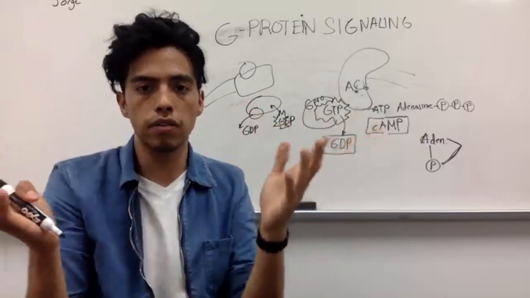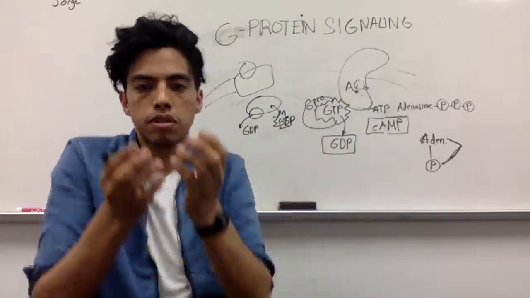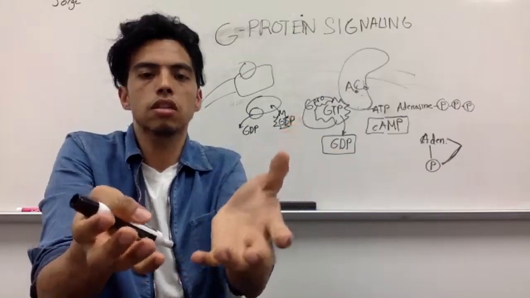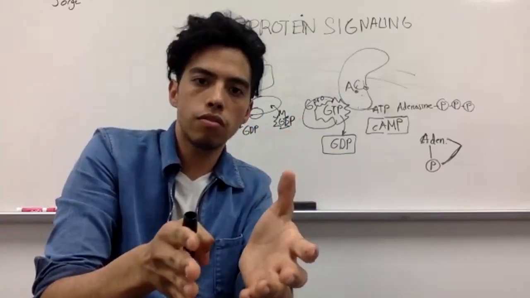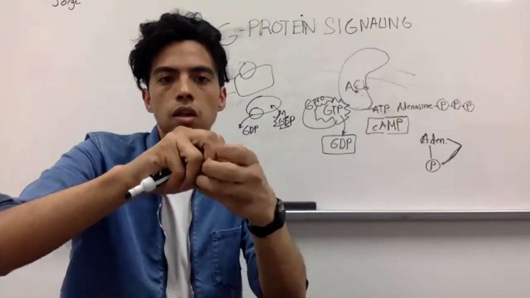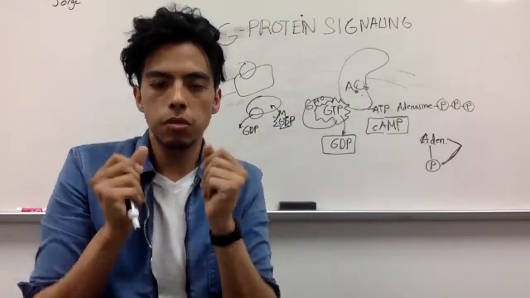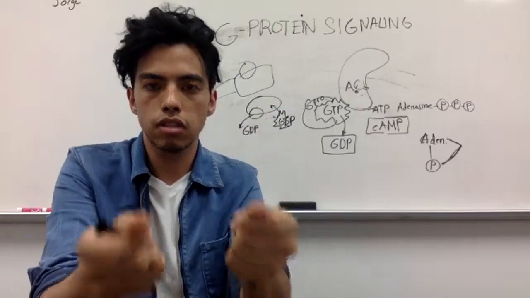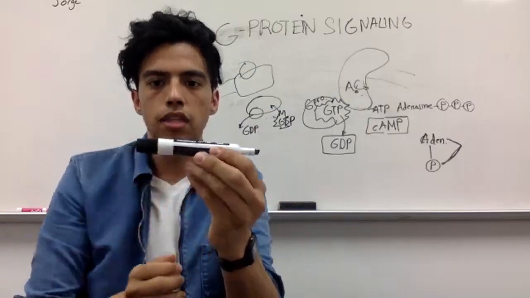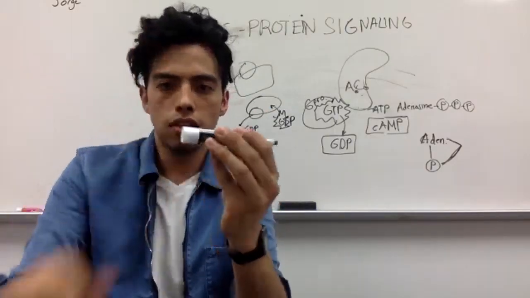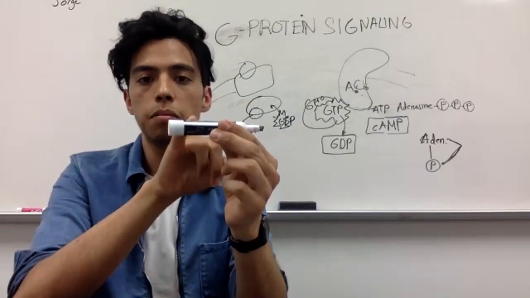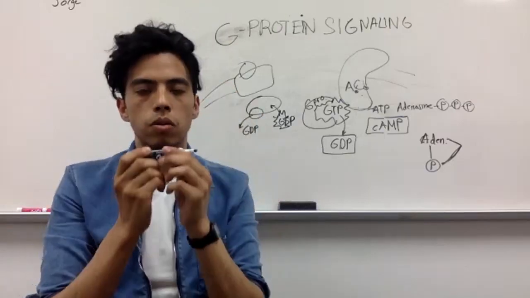It's still activated, but it's going to present the GTP to the adenyl cyclase, and the adenyl cyclase is going to cut off a phosphate. Now you have GDP, and the G protein is like, oh, cool, thanks.